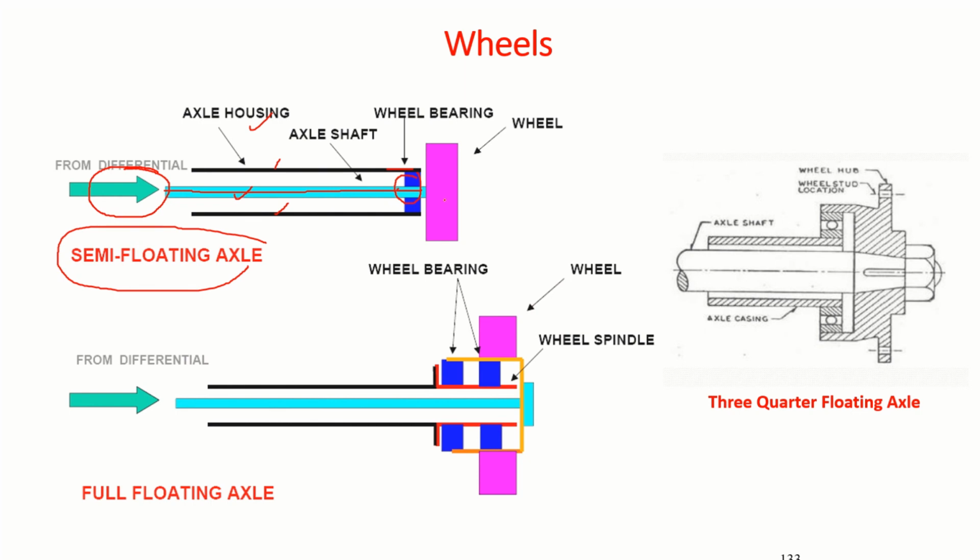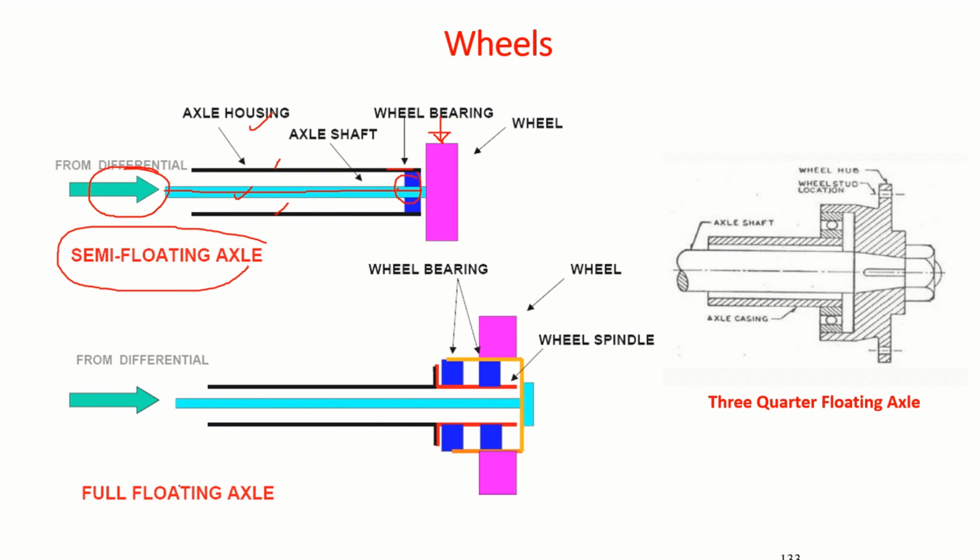Then you have the wheel. So the load is on this. Here it is coming completely onto the wheels like this. This is driven by the shaft.